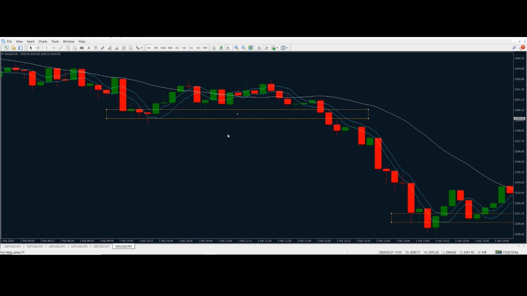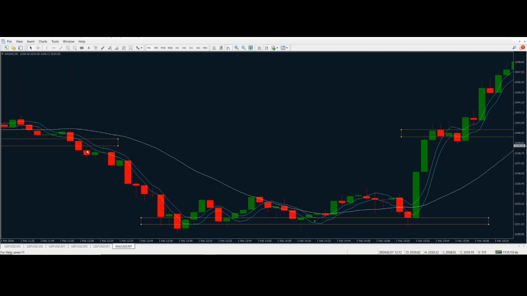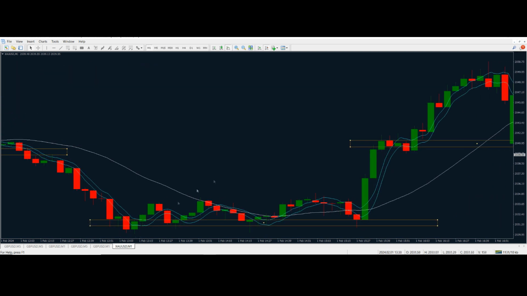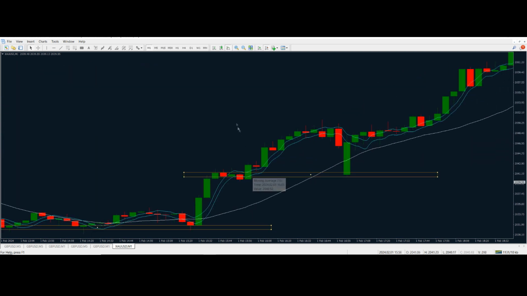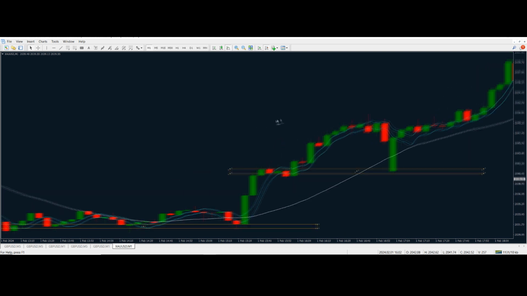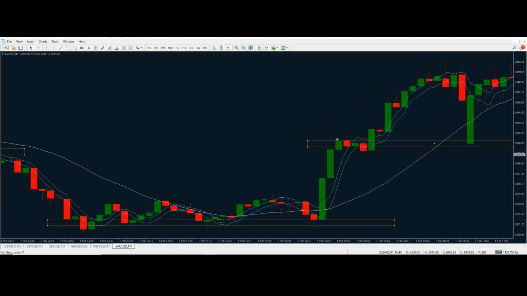We are on the 1-minute chart, but you're seeing the 5-minute candles. It's cleaner now. This is the level, the zone, and you have price coming down, touching and coming down. As you can also see here, it's the same thing, and here is the same thing. So this is the idea.